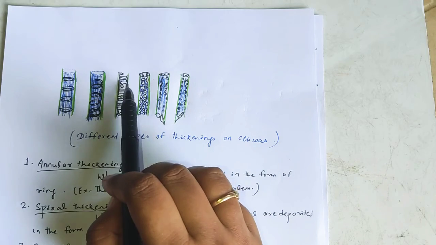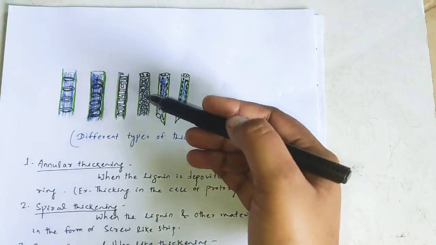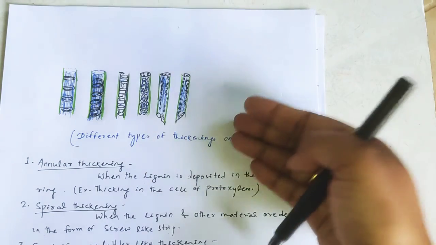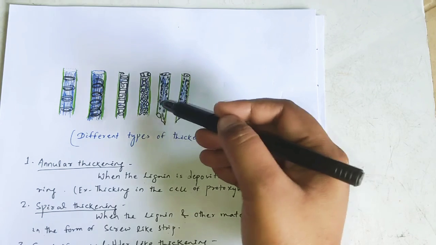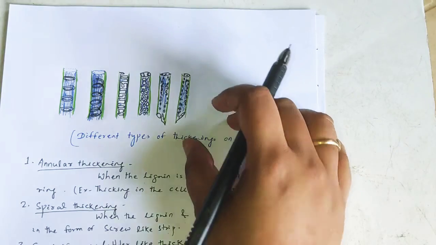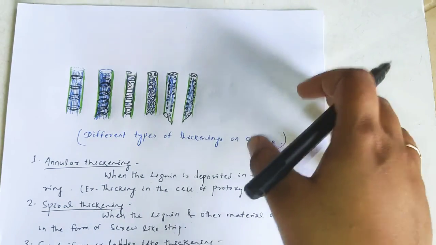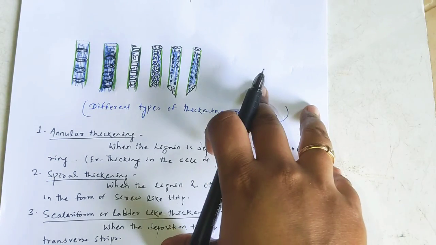Here the scalariform, where transverse thickening occurs. Then reticulate means net-like thickening. And this was pitted thickening, which is of 2 types. About the pits we will discuss later in our next video. This video is only about the thickening.